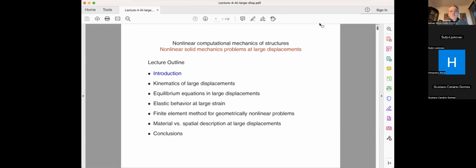But the difficulty will be that next to the unknown stress entering this equilibrium equation, either strong or weak form, you also have an unknown configuration, because displacement this time is not small, and when computing derivatives or integrals you cannot simply take the initial configuration. So this is really the key point.